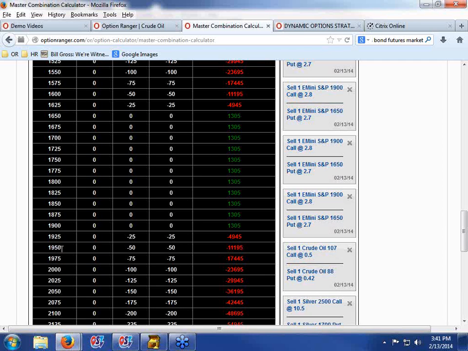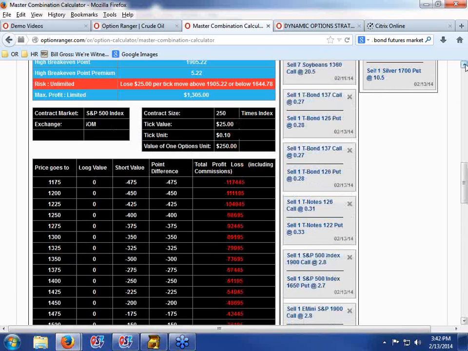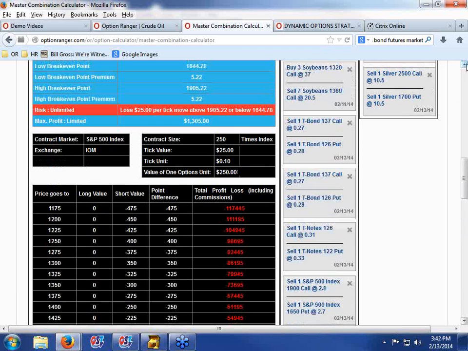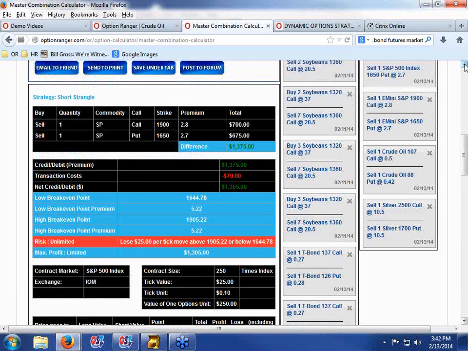So if you can think of a reason why the market in, let's say, the next 20 days can find its way to 1900 or 1925 or 1950, then this is not a trade that you would want to put on. The key to doing short strangles like this is to make sure that you know where your ranges are, where your premiums are, where your risk is, and to monitor closely and be very ready to make adjustments and be nimble.